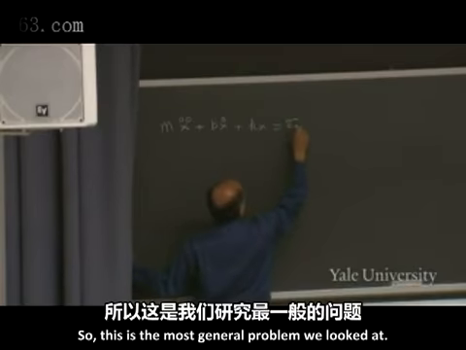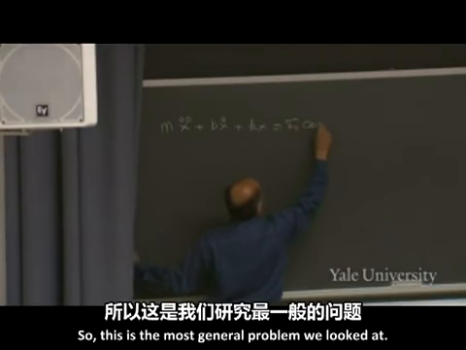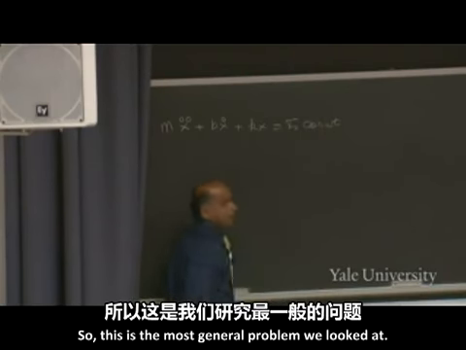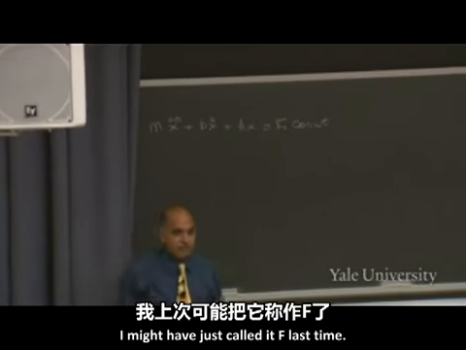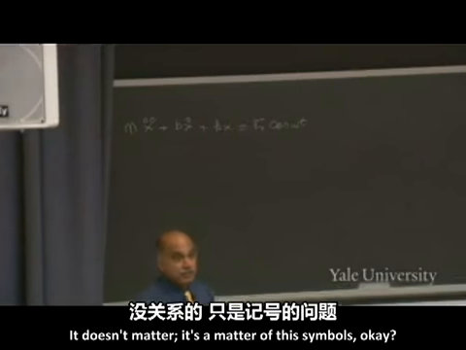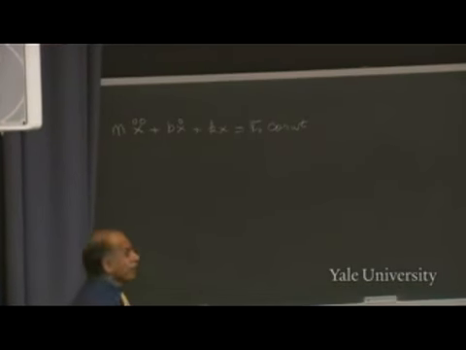So this is the most general problem we looked at. This is f sub 0. I may have just called it f last time. Doesn't matter. It's a matter of just symbols. Okay? All right.